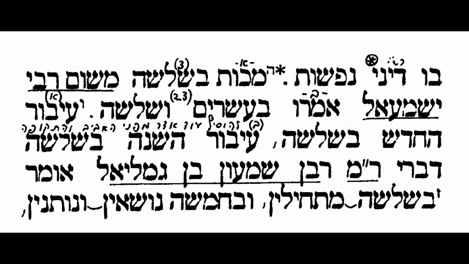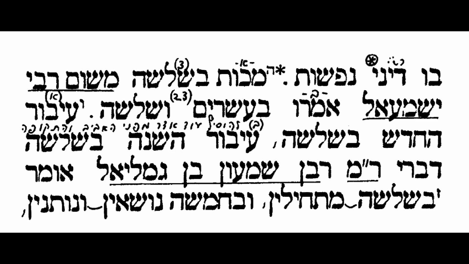Ibor hachodesh b'shlosha, these are cases involving calculations to establish when a new month appears, when a month is extended by a day, depending on witnesses seeing the new moon.